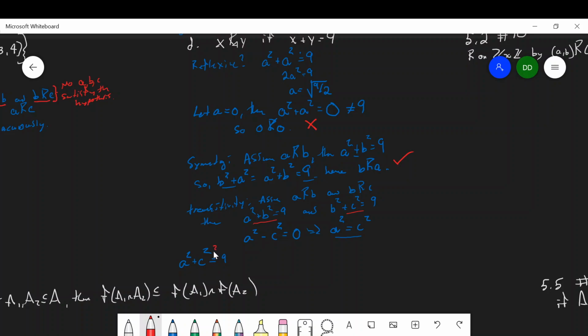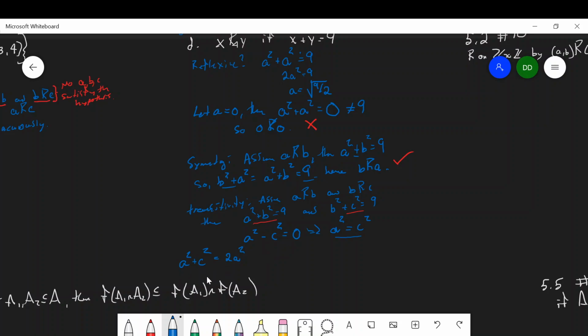That's my question, because that would mean they're related to each other. Is a squared plus c squared equal to 9? Well, I know that a squared is also equal to c squared, by what I showed above. So that would imply a squared is c squared. So this is what I could write. This is 2a squared.